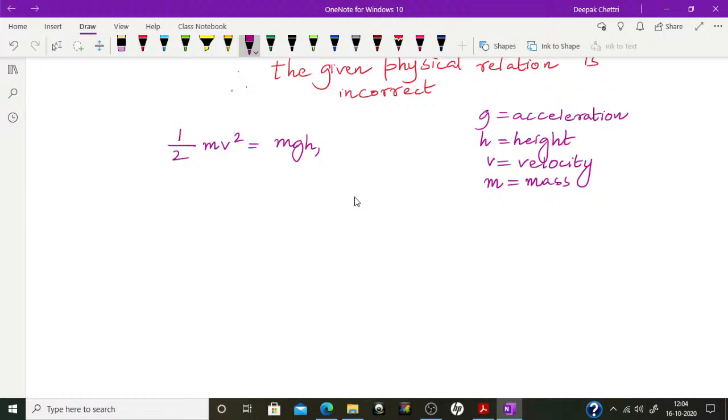Okay, so let us see whether this, so again we'll do for right hand side first, or sorry, left hand side. Left hand side, term on the left hand side is half mv square. Dimension, so what will be the dimension? Half, it's just a number without dimension, so no dimension for that.